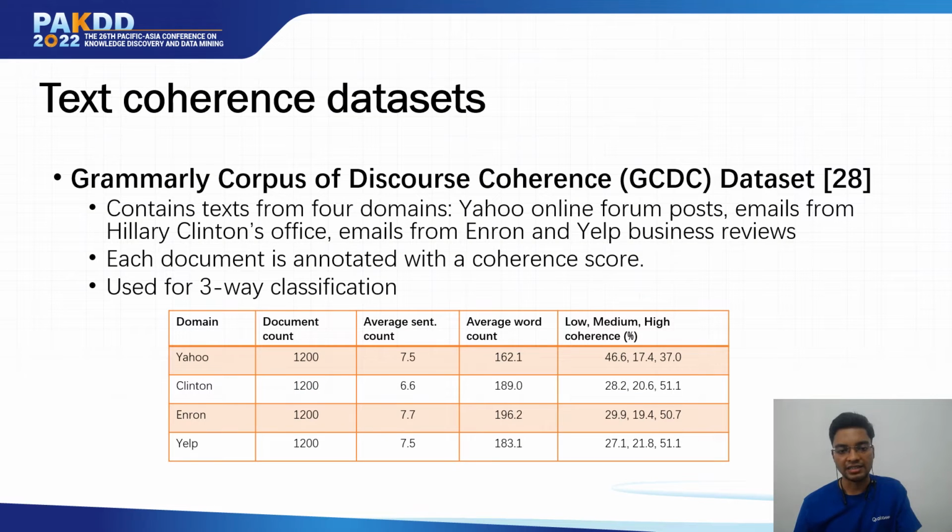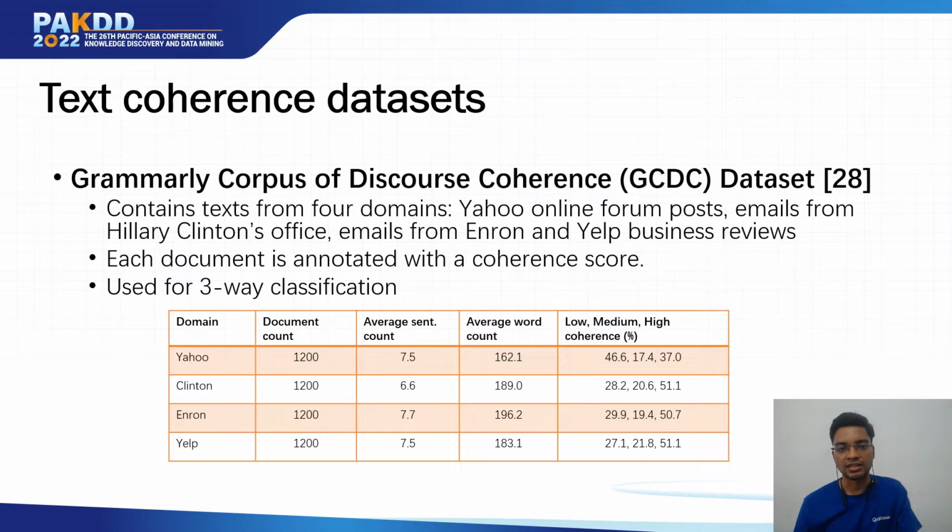Moving on to the second dataset, which is the Grammarly Corpus of Discourse Coherence or GCDC dataset. The GCDC dataset contains emails and reviews written with varying degrees of proficiency and care. In contrast to WSJ, the GCDC dataset contains writing from non-professional writers in everyday contexts.